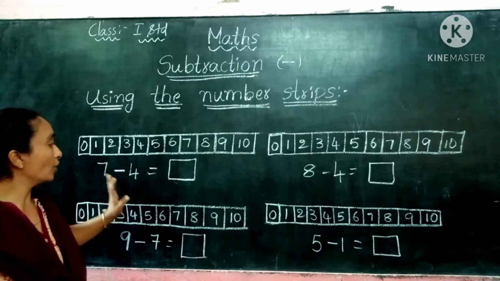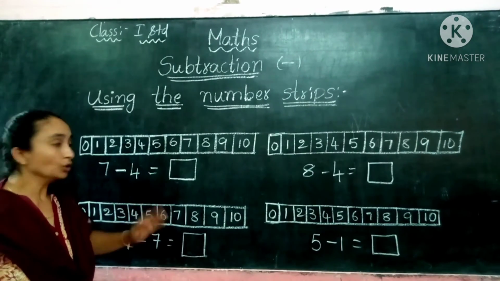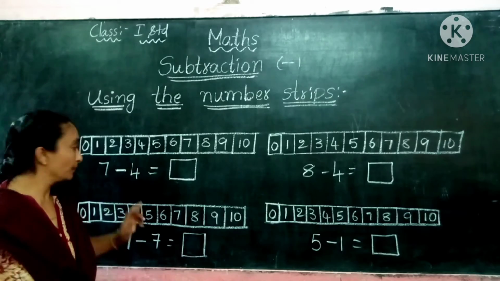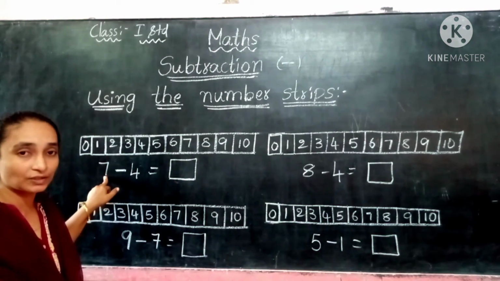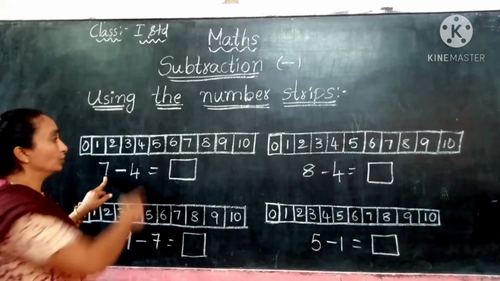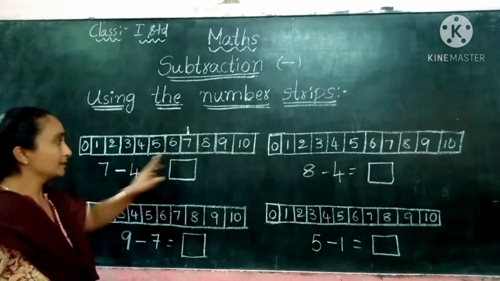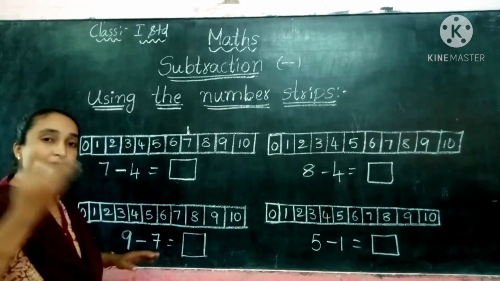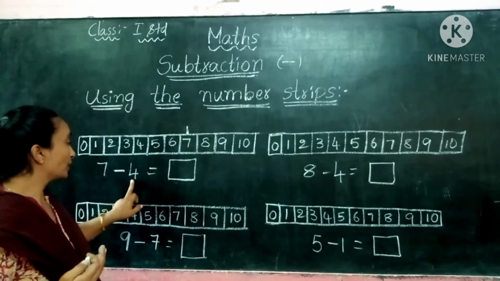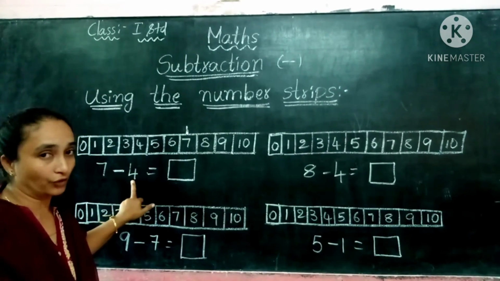Now how can we do this on a number strip? The first number here, what is this, children? 7. So on the number strip we take the 7 here. We begin from the number 7. The second number, how much did they give here? 4.